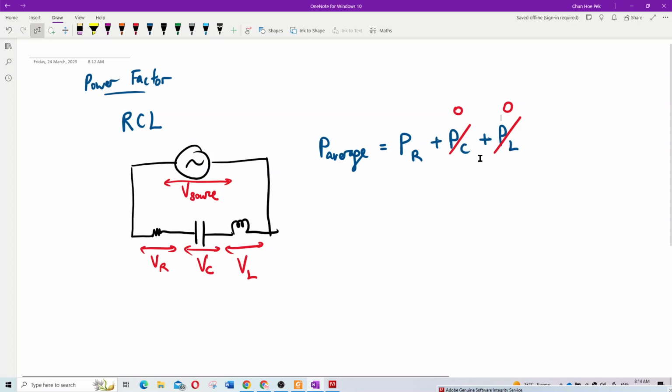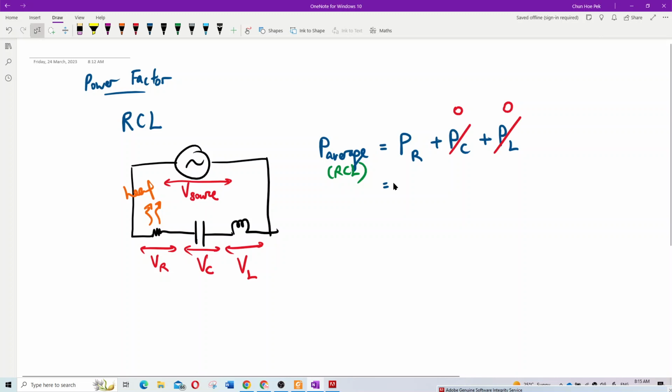No heat is dissipated in capacitor and inductor, only the resistor heat is dissipated. Capacitor and inductor can store energy and return energy, so no heat is dissipated at capacitor and inductor; the energy is only dissipated at resistor. So the average power for the RCL circuit is only the power across resistor. Understand?